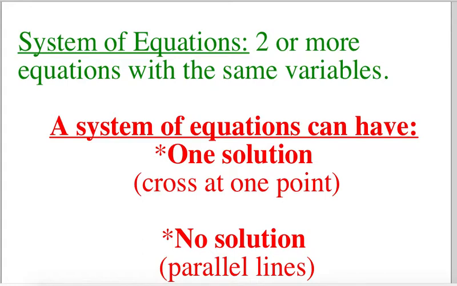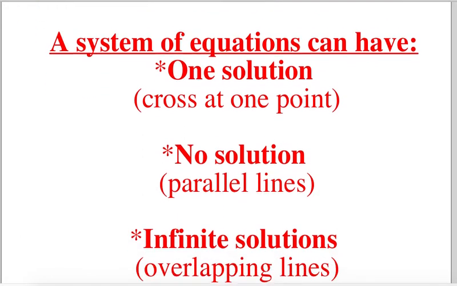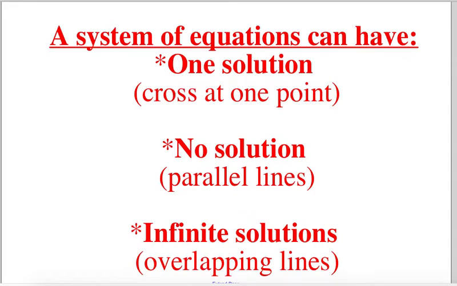So there are 3 things that can happen when you're working with systems. One thing that can happen is that the system has what's called one solution. That means when you graph your lines, maybe one line goes like this, the other line goes like that, and where they crisscross, right here, that is called the solution for that system.